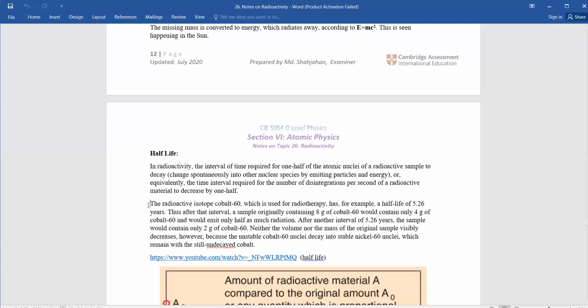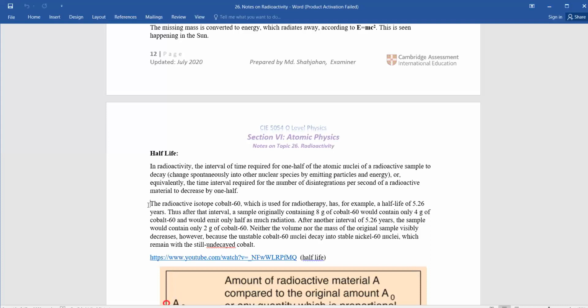The radioactive isotope cobalt 60, which is used for radiotherapy, has, for example, a half-life of 5.26 years. Thus, after that interval, a sample originally containing 8 gram of cobalt 60 would contain only 4 gram of cobalt 60 and would emit only half as much radiation.